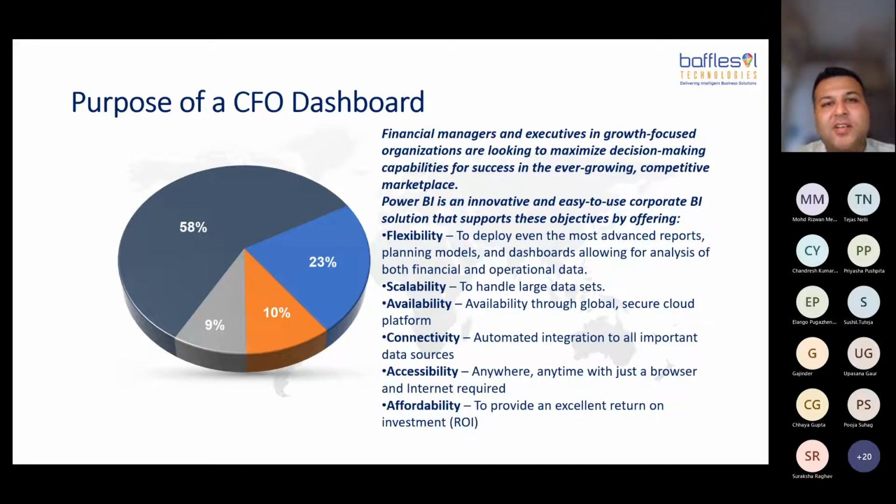All CXOs wanted a system or some insight in place which they could see every day and make decisions every day. Those could be decisions that change the way they're working. They were okay changing the process rather than losing the business altogether. But how can they change a process without data insight? That's where the combination of flexibility, scalability, availability, connectivity, accessibility, and affordability come together and play an important role.